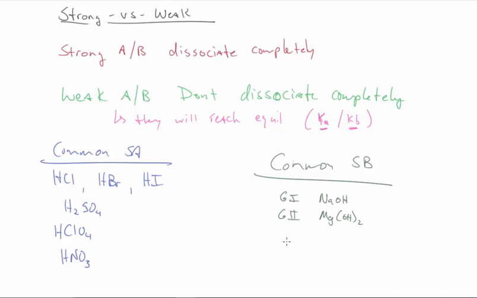Then you would also have group 1 and group 2 oxides. What does an oxide look like? That's like your sodium oxide or your magnesium oxide. Those are the strong bases I need to be familiar with. Notice it's a little more general, because I'm just giving you group 1 and group 2, paired up with either hydroxide or oxygen itself. Again, the same rule applies: if it's not strong, it is weak.